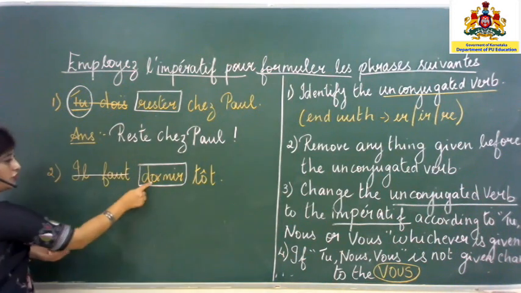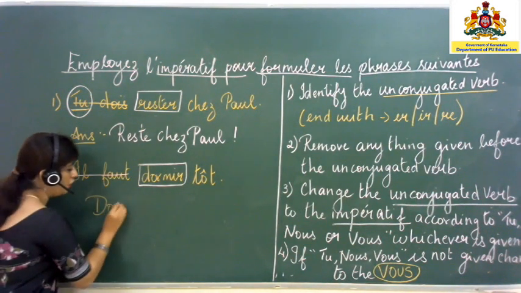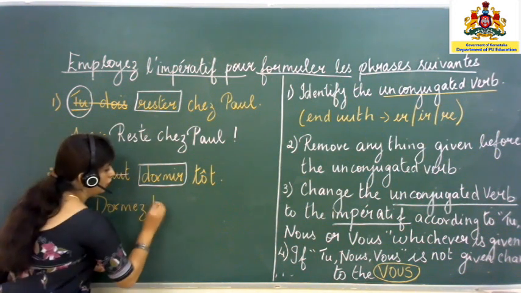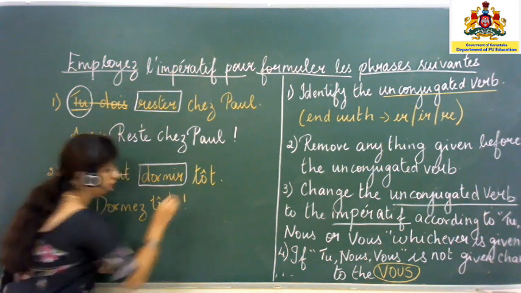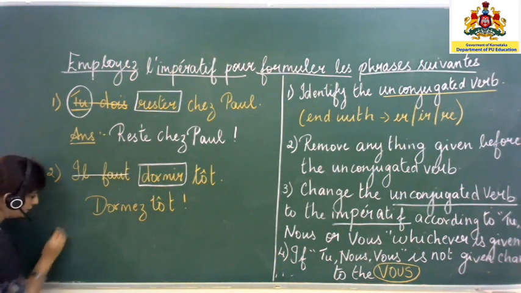So I'm going to change dormir to the vous form. It's going to become D-O-R-M-E-Z, dormez. Is that clear? Let's see another example if you want.